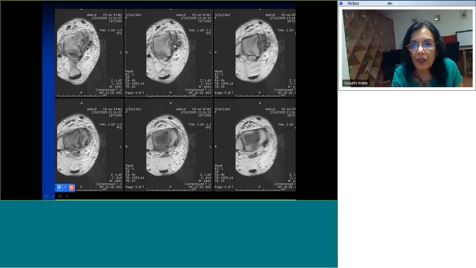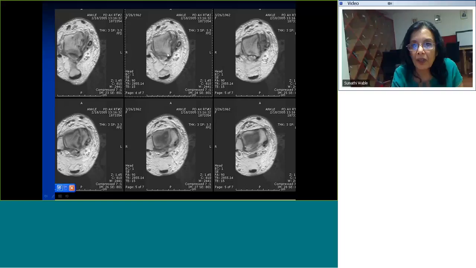And this is an example of a chronic tear of the posterior tibial tendon. You can see intrasubstance signal within the tendon, and there is also some adjacent soft tissue changes. Typically, posterior tibial tendon tears are a long drawn process, and they're chronic tears. You can have split tendons.